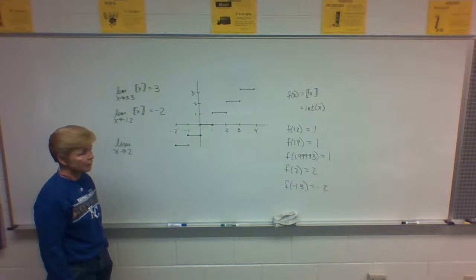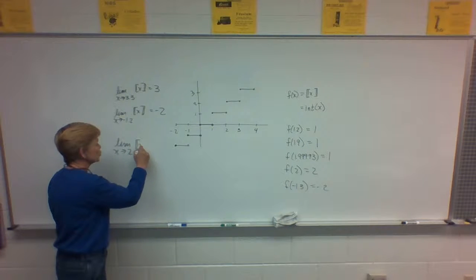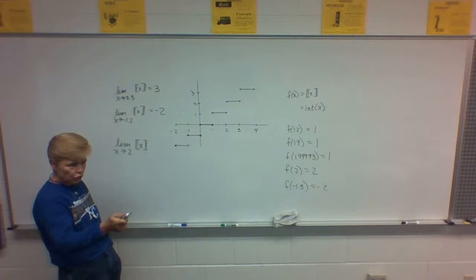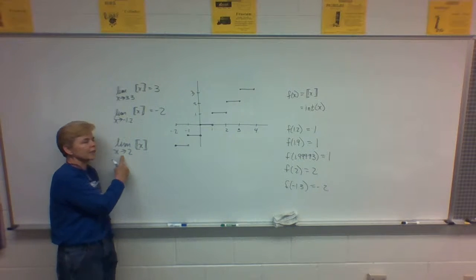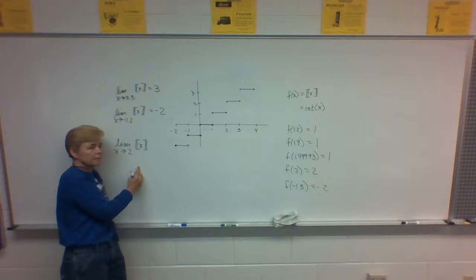At 2, what is the value? 2. We don't care. But you're right, it's 2. But we don't care when we're looking at the limit. We never care what happens at 2, ever. We care what happens as we get closer to 2 from either side.